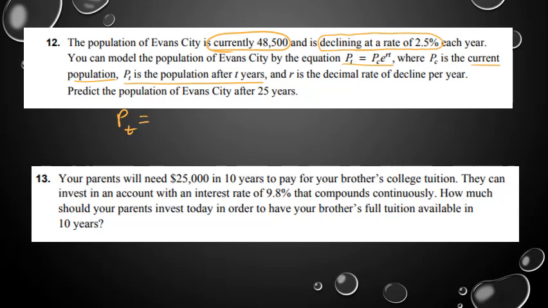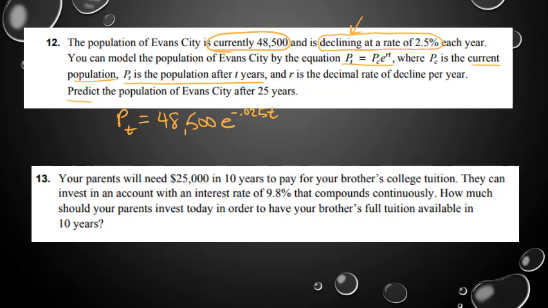So for P sub C, we're going to put in that 48,500. Then it says E is the growth rate at the R. Now R, it says, is declining at 2.5. So again, we do want to use the decimal version of that, which would be 0.025, but the fact that it's declining tells me it's going to be negative because it's got to be a decrease, and then it will be after T years. So that's kind of the setup for the problem.